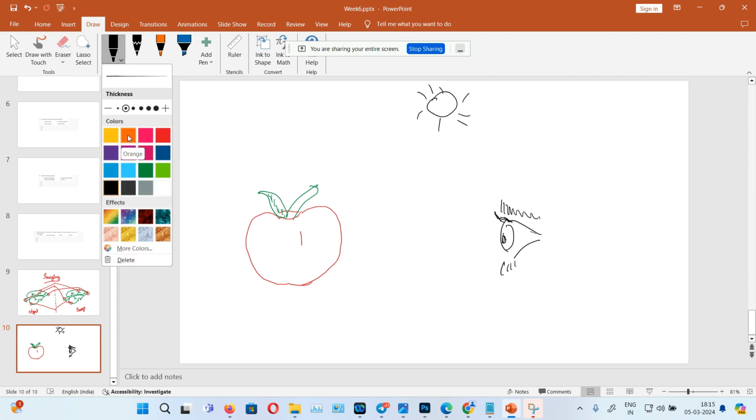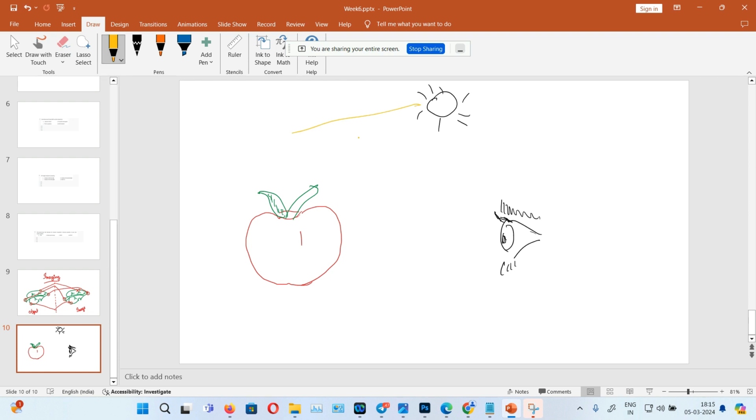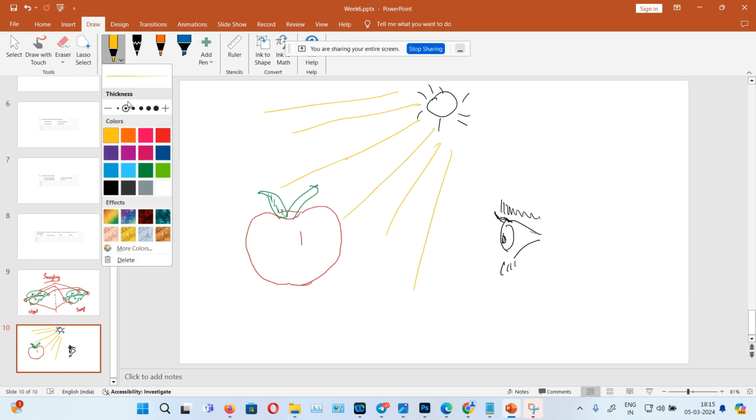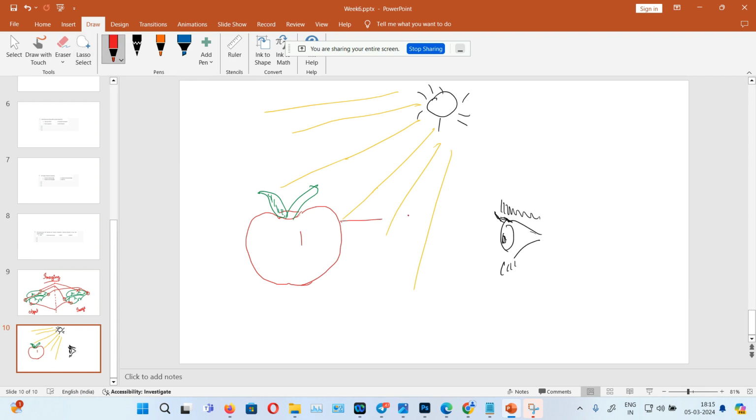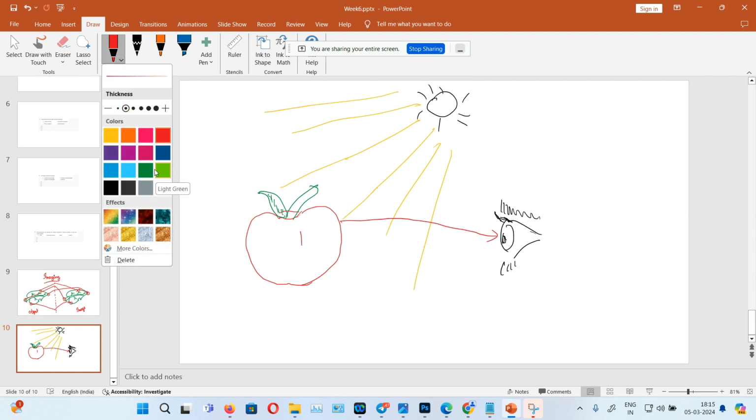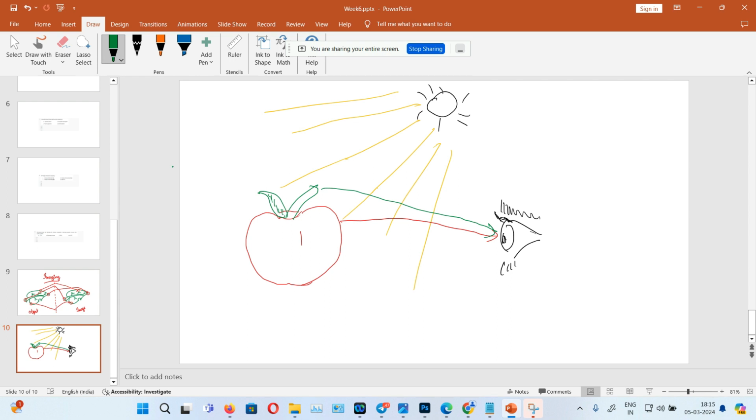From the light source, light is coming, usually white light, and hitting the object. Correspondingly, light is getting reflected from here and reaching my eye, and light is reflected from here, reaching my eye, and inside the eye some imaging is happening.